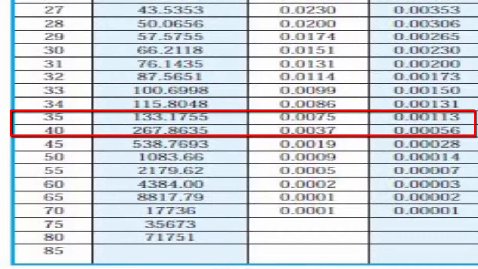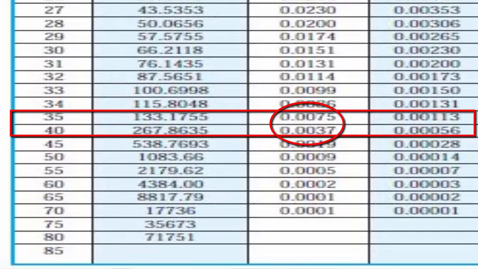So in this case, let's say that we want to find one of these factors. Let's pick the first one, P given F, 15%, and 37 years. We want to calculate this number. We go to the table, and lo and behold, we don't have 37 years written in there.